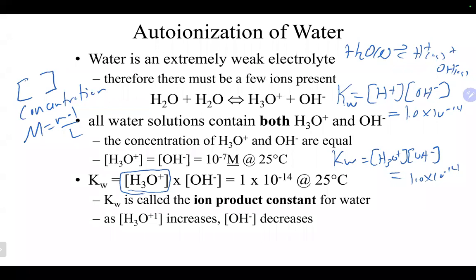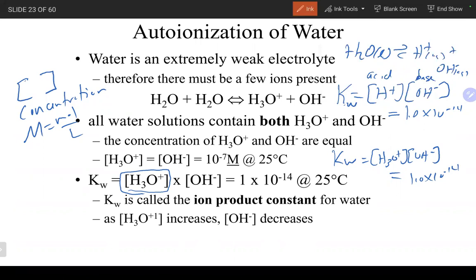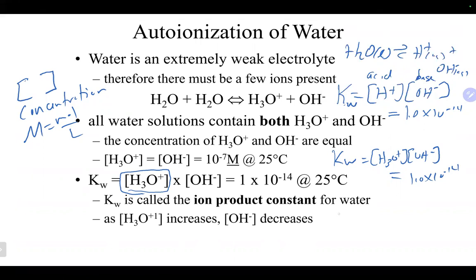What is the relationship between these two things? Well, the H+ part is the acid part of the solution, and the OH- is the base part. The way they are related to each other is as one goes up, the other goes down. As the H+ concentration increases, you see a drop in the OH- concentration. That means you have more H+ floating around in the solution, which makes it more acidic.